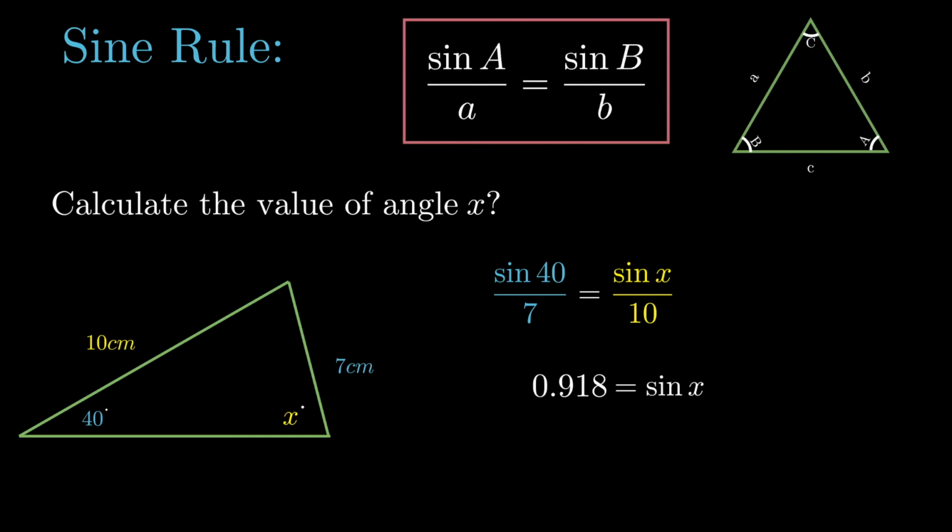And as before, the same thing we have to do, shift sine 0.918 is equal to x. So our final answer, x, is equal to 66.7 degrees. That's the last example done.